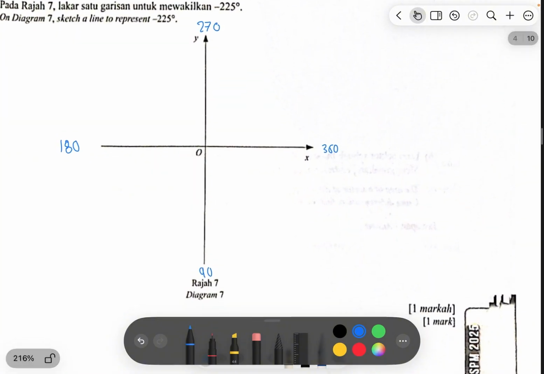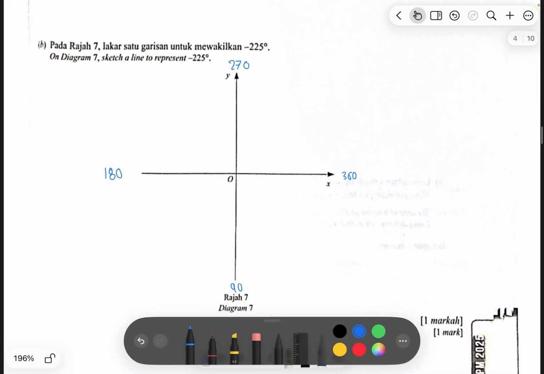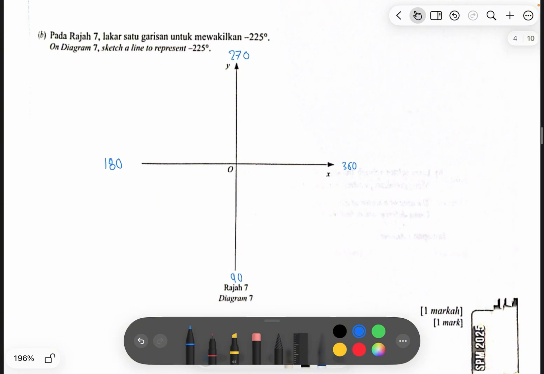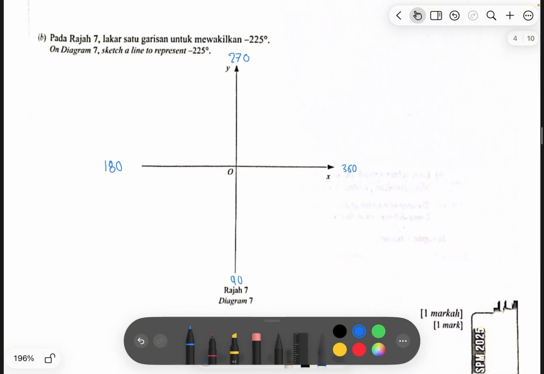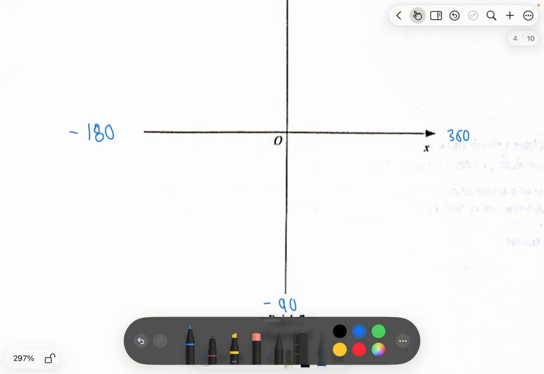I have to check this. Yeah, it's correct. Don't forget the negative. So this is negative, this is negative, this is negative.